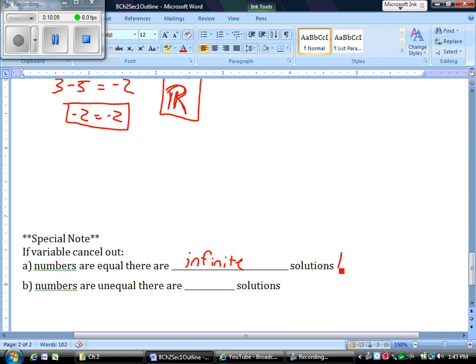That means there are infinite solutions, or we use the symbol all real numbers. If the numbers are unequal, meaning if it had worked out and said negative 3 is equal to 4, we know that that's false, and so that means there are no solutions. The symbol you can use for that is 0 with a long line through it. That's the empty set, meaning you cannot plug in anything for x.